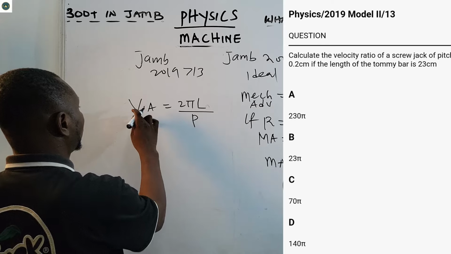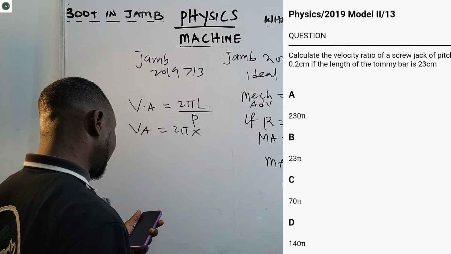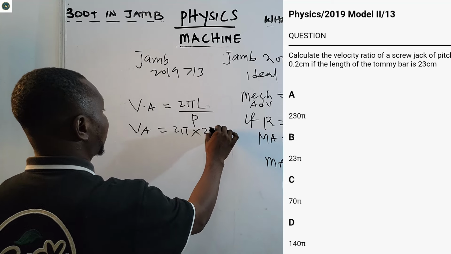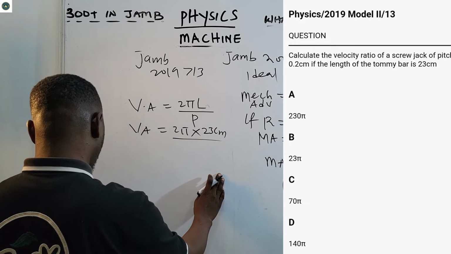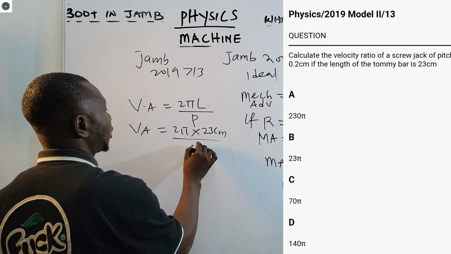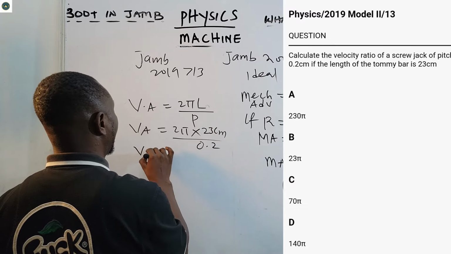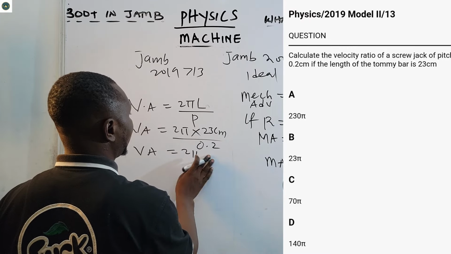So velocity ratio is 2 pi times the length, which is 23 centimeter. Then the pitch is the distance between the threads, so that's about 0.2.